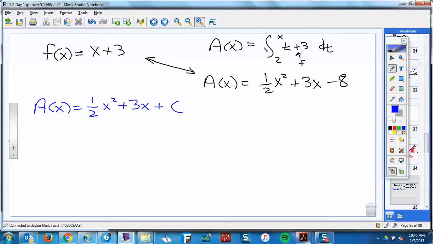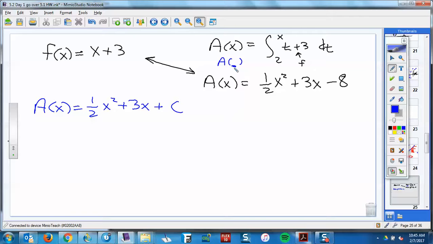Is there some value that I know on that area function? Don't I know A of 2? What's A of 2? Oh, 0. F of 2 would be 5. A of 2 means put a 2 here, which means I'm doing the area from 2 to 2.